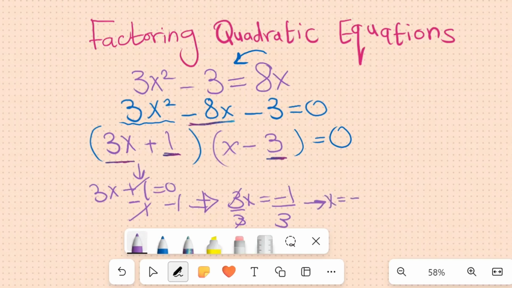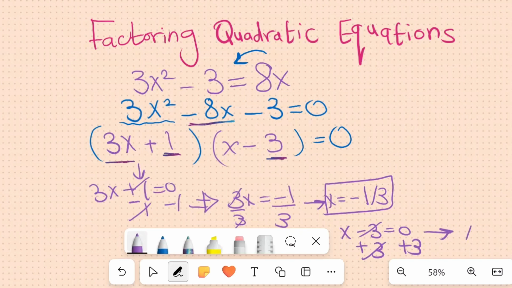X equals negative 1 over 3. Now we're going to solve the other bracket. X minus 3 equals 0. We're going to move the negative 3 to the other side by doing plus 3 there. X equals 3. And we got the other value for x, which is equal to 3.